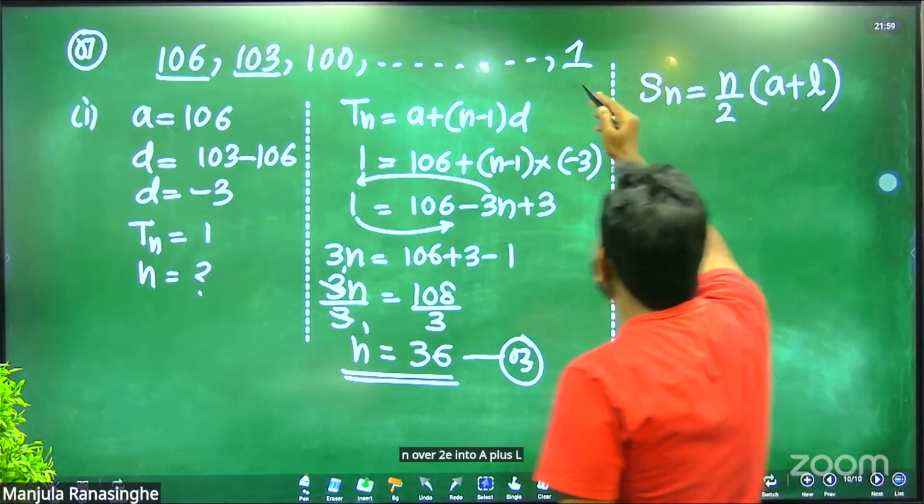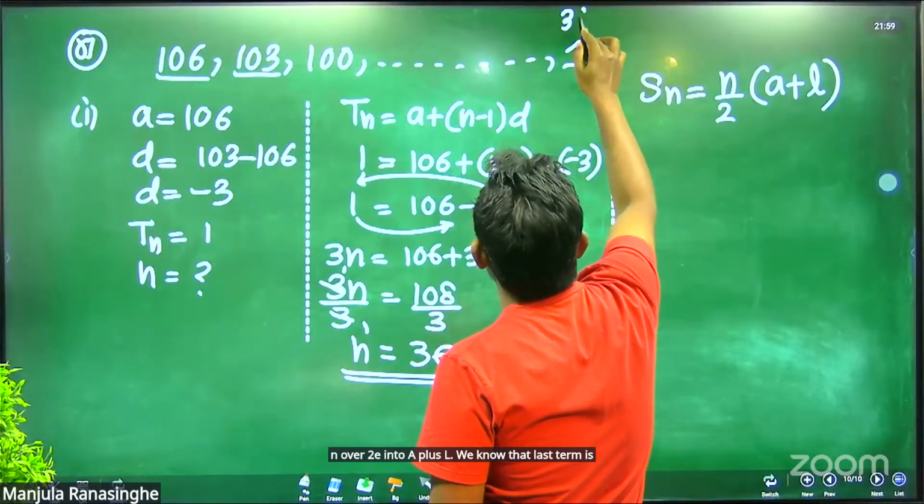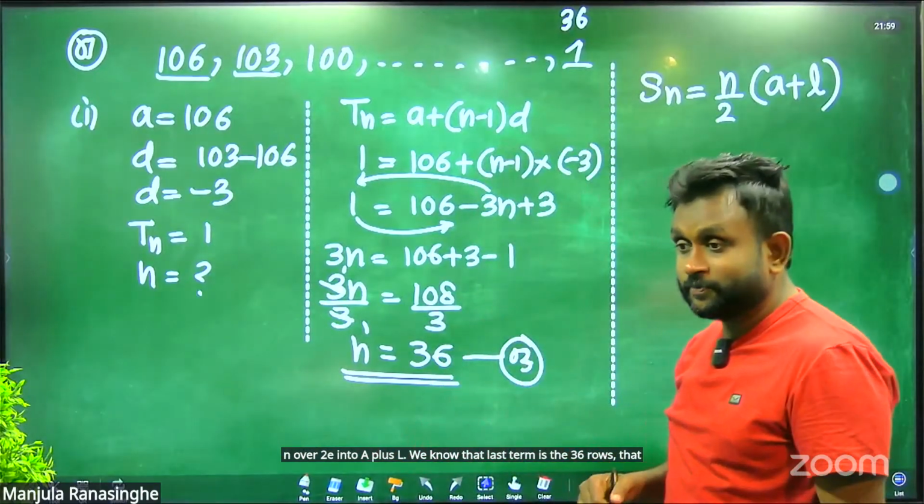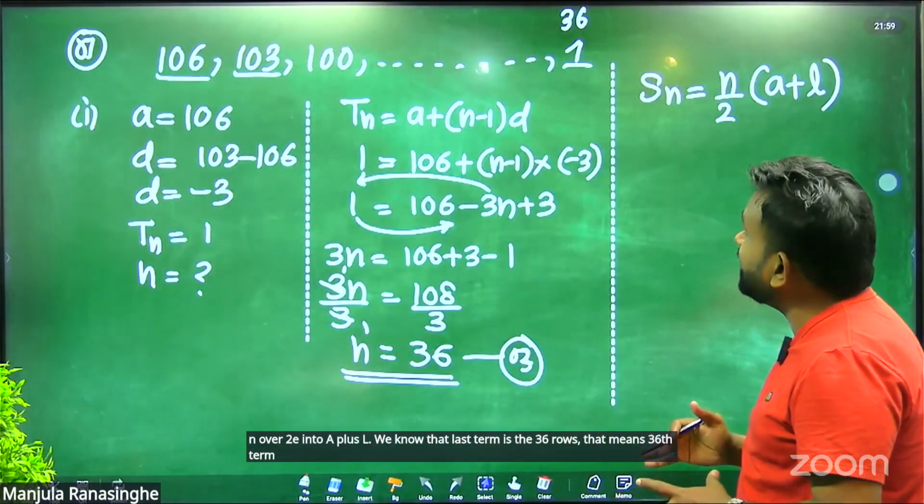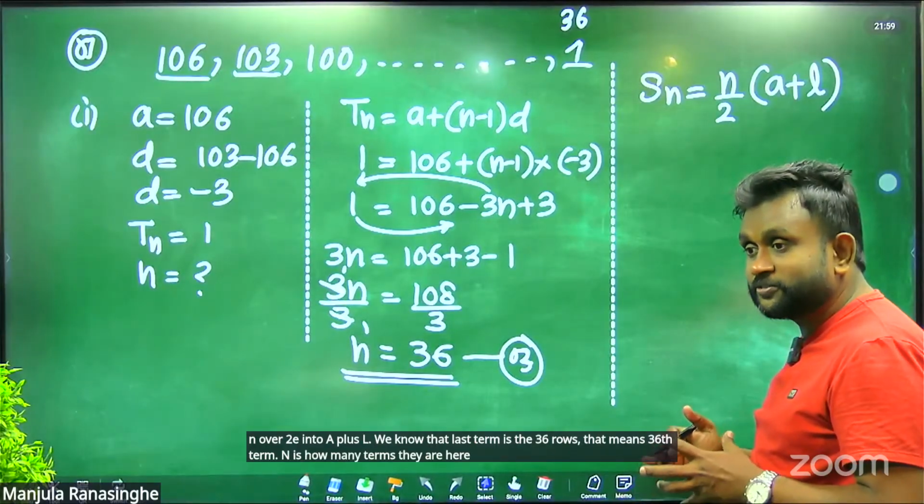We know that the last term is the 36th row. That means n, how many terms are there here? 36. How many rows? 36.